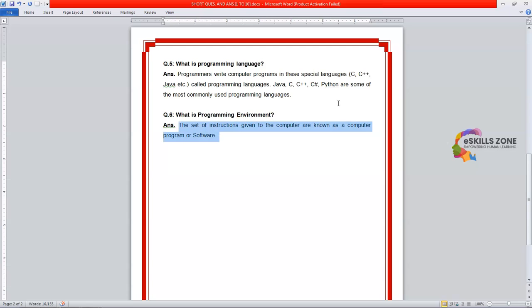The answer is, a collection of all the necessary tools for programming makes up a programming environment.